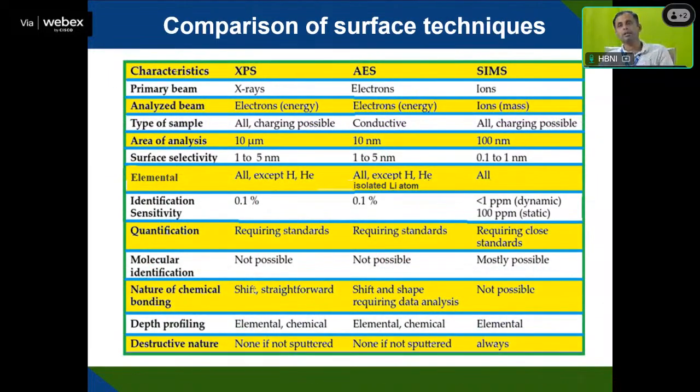So if I compare the surface techniques I discussed today, the three: XPS, AES and SIMS. The primary beam in XPS is X-rays, whereas AES uses electrons, and SIMS uses ions. Electrons are mostly emitted in the case of XPS and AES, whereas here it is ions.